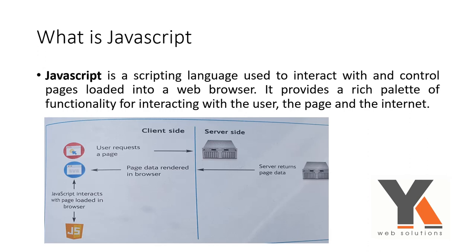The second thing is it's a client-side language. There are two types of languages. One, such as JavaScript, is a client-side script, and another is a server-side script or server-side language, such as PHP, C#, and these kinds of languages, which are object-oriented (OOP) languages. With a client-side language such as JavaScript, the user requests a page from a server, the page data is rendered in the browser, then JavaScript interacts with the page loaded in the browser.